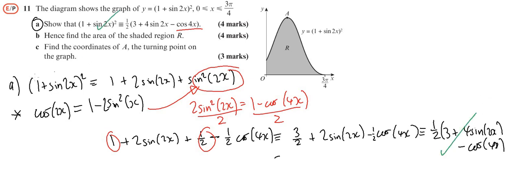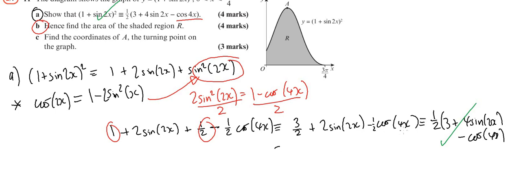Right. Now we can move on and have a go at B. Now let's find the area. Well, we've just rewritten this in terms of sine and cos, where we have terms added and subtracted, so it's making it easier to integrate. So now we can just integrate that. So let's write our integral out.